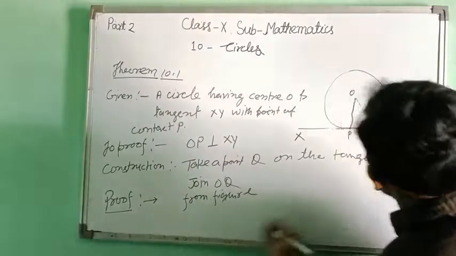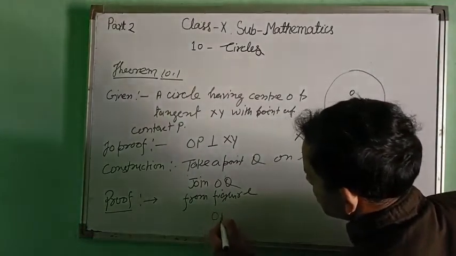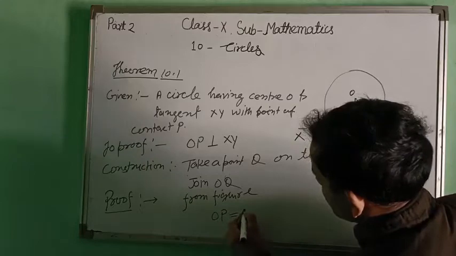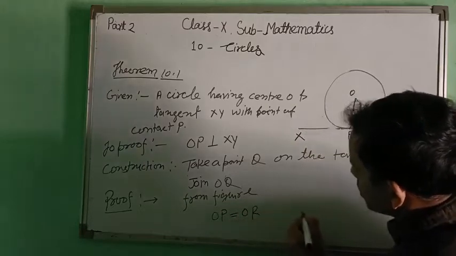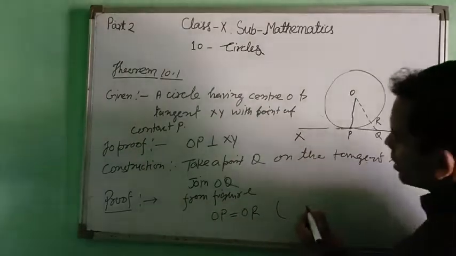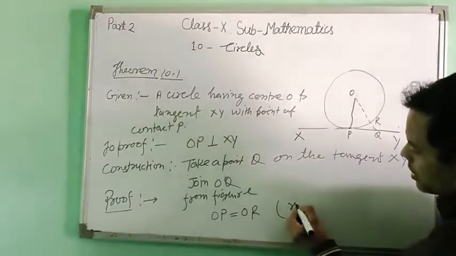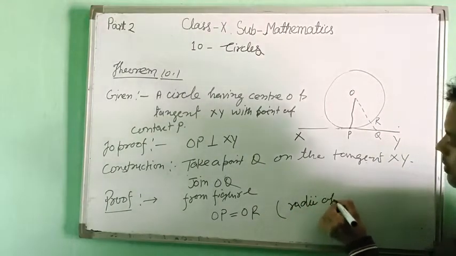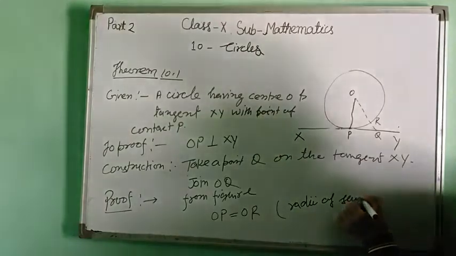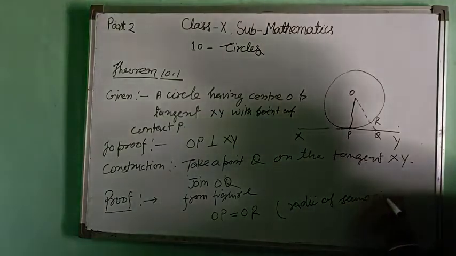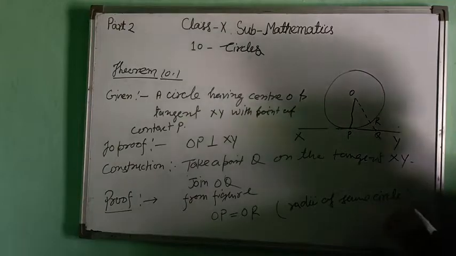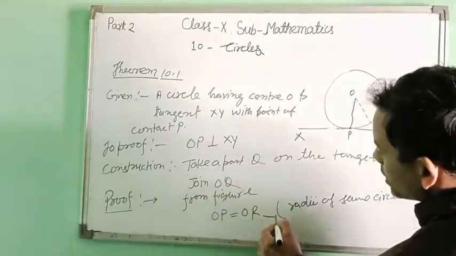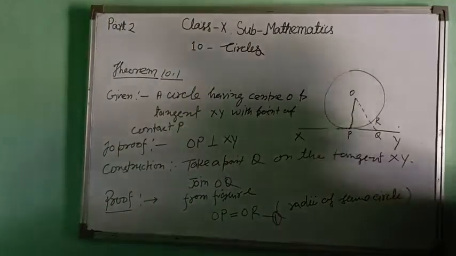So we can write OP equal to OR because they are radii of the same circle. Okay, this is taken as equation number 1.